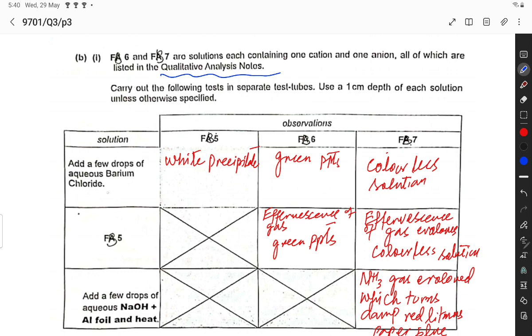Add a few drops of barium chloride to FB5. White precipitates are formed. FB6 gives green precipitates and FB7 a colorless solution with little bubbles of gas.